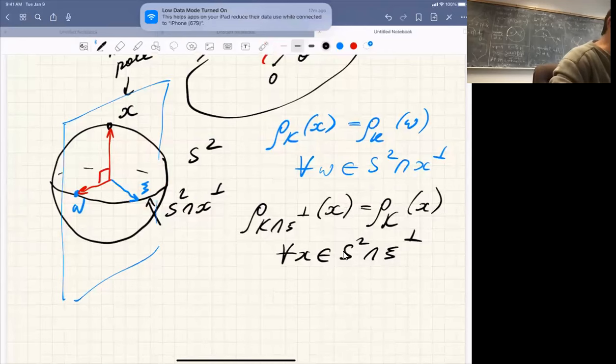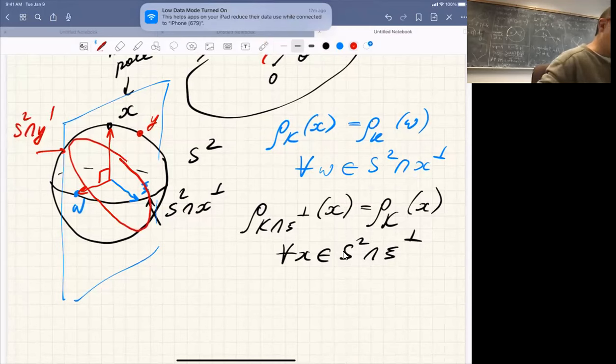Okay, so the function is constant on the equator, but the point X was arbitrary. So if I take now another point Y, I can repeat the story, and I have another equator, this is S2 intersection Y perp.